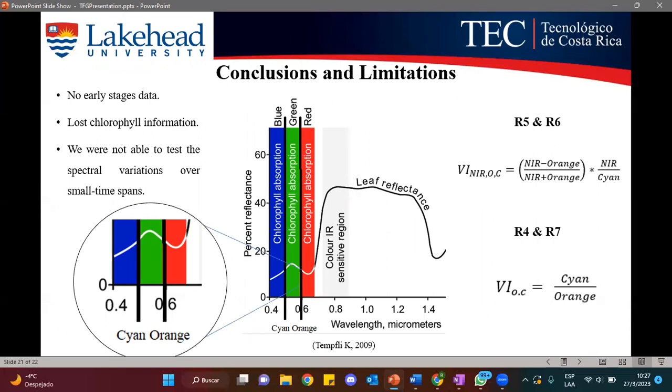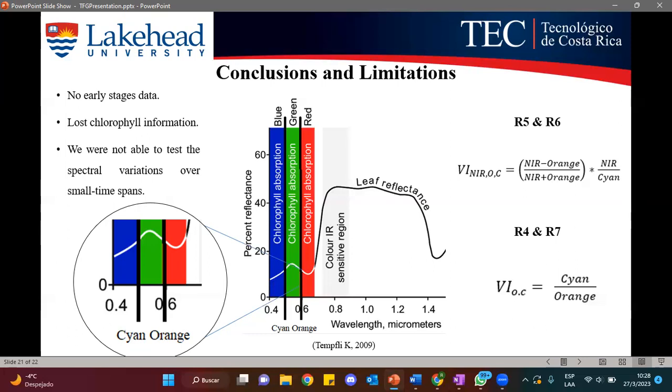So we came up with a different solution for the validation, which was leaf area index. And due to lack of time, the study could not be done on a small time span like daily, so we cannot see daily graphs. Instead, we used the stages graphs.